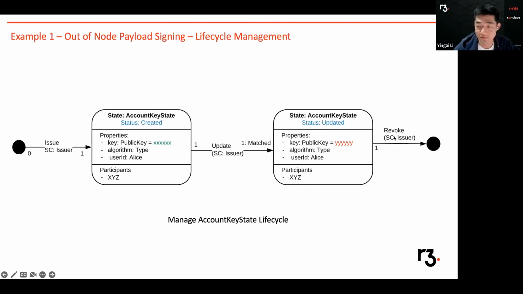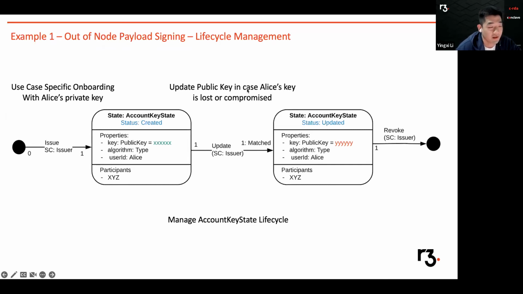The life cycle management of, oh yeah, okay. So you do the use case specific onboarding with Alice's private key to register with your account key state, and then you cross-check with the contract and verify that the account key state, the public key you hold in your mobile phone, is legit, and then you can proceed to your application state.